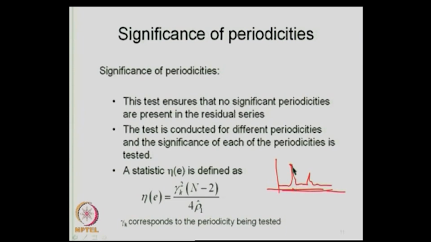In this case we may be testing for this particular value, omega k, as we do in our spectral analysis, and this is I k with our notations. We pick up that particular omega k, and then for that particular k we compute gamma k.